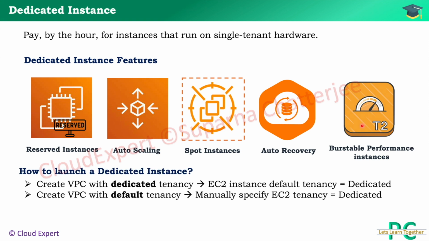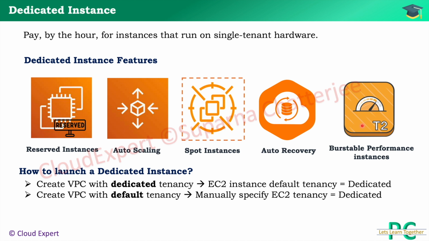Now, how to launch a Dedicated Instance? To launch a Dedicated Instance, you have two options. Either you can create a VPC with tenancy of dedicated, and when you launch an EC2 instance in the dedicated tenancy VPC, the instance will be dedicated by default. The second option is you can create a VPC with default tenancy, and while launching the EC2 instance, you can manually select the tenancy as dedicated.